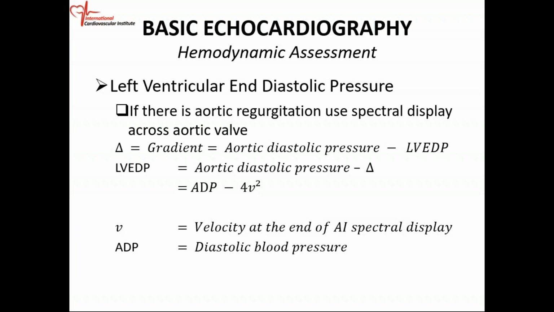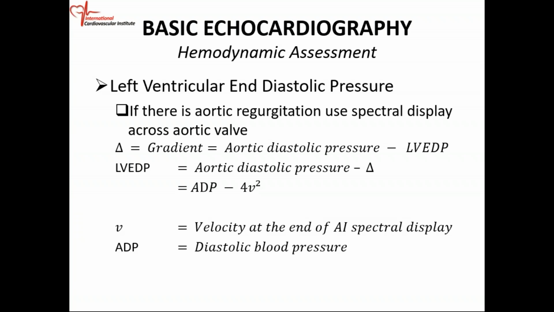Left ventricular end diastolic pressure. And again, a little bit of concept, using the modified Bernoulli equation. So when you have aortic insufficiency, blood is gonna flow from your aorta across the aortic valve into the left ventricular flow tract and into the left ventricle, the opposite direction to which it normally flows.